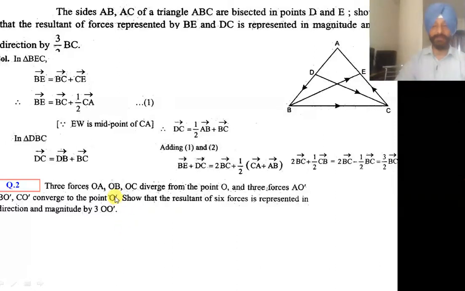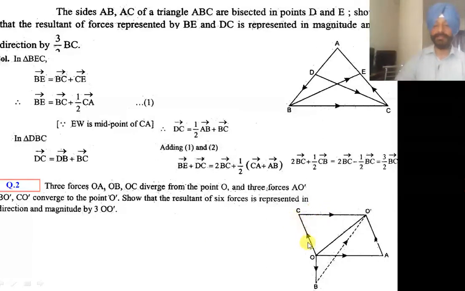So, students, be very careful here. These three forces diverge, diverge means going away, and converge means coming towards the point O dash. So just see the figure first of all.